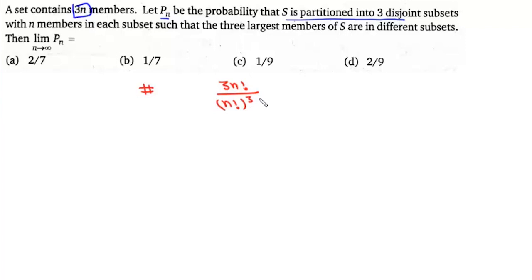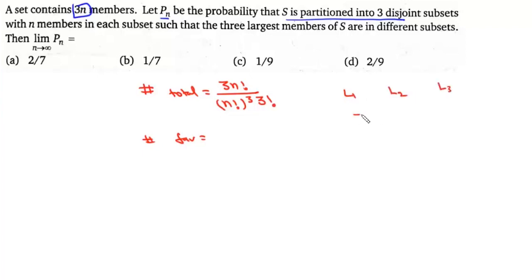And since we are partitioning it, these 3 subsets are identical. So that is the total number of ways of partitioning this set. Now for favorable cases, we have the 3 largest members of S. Now suppose they are L1, L2 and L3.